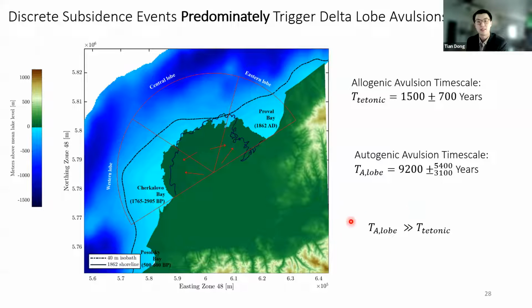And this autogenic avulsion timescale is much, much longer than the tectonic timescale. And we can conclude that, at the active margin, subsidence events could predominantly trigger delta lobe avulsion, in contrast to passive margins where avulsions are predominantly driven by autogenic effects.